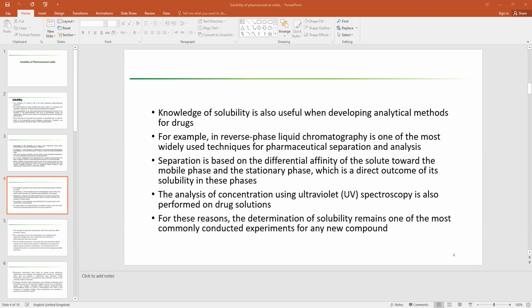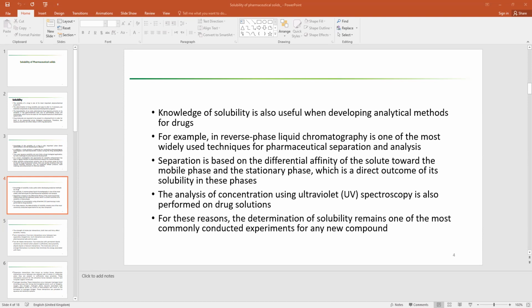And as you know, its principle is based on the differential affinity of the solute toward the mobile phase and the stationary phase, and a direct outcome of its solubility in the phases is the result. The analysis of concentration using ultraviolet spectroscopy is also performed based on drug solution.